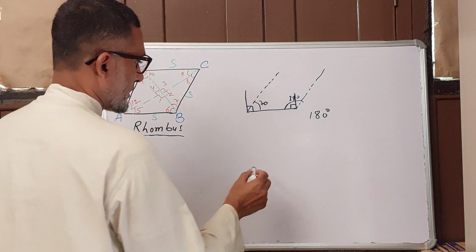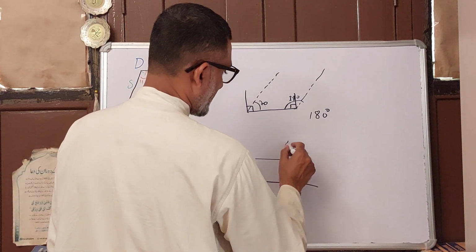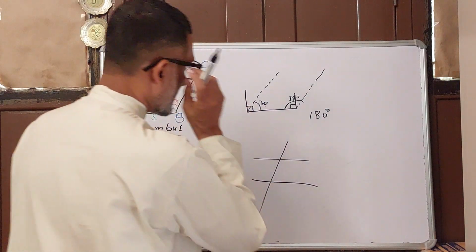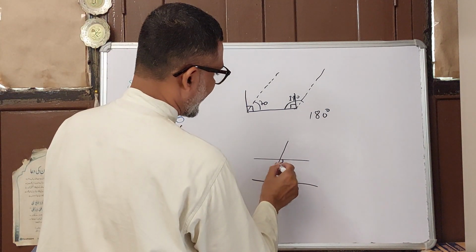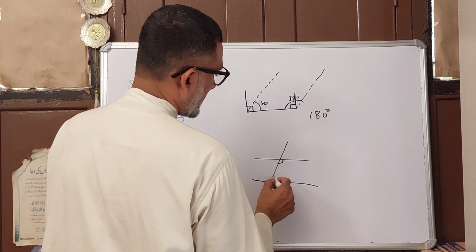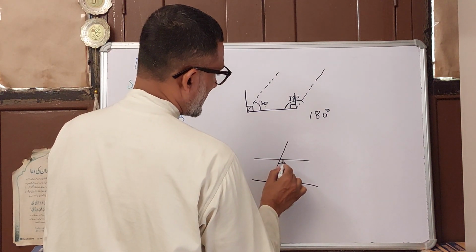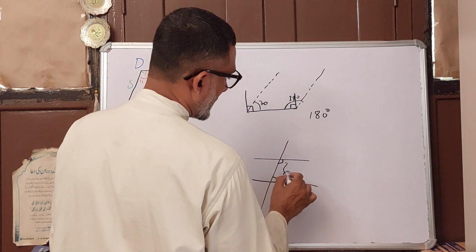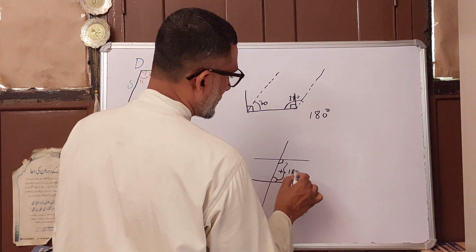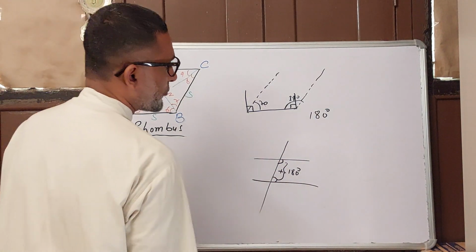You know that when two parallel lines are cut by a transversal line, the inner angles on the same side are equal to 180 degrees. This sum is always 180, like here also and here also.